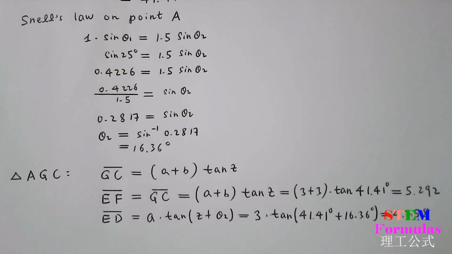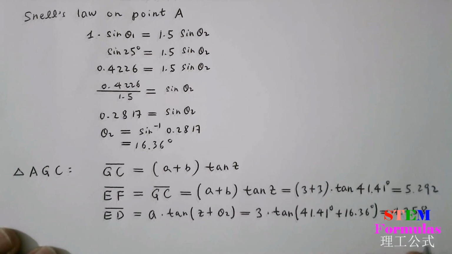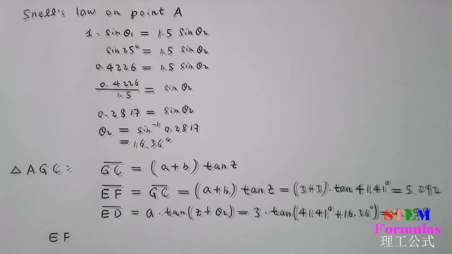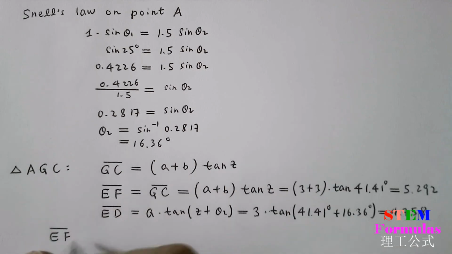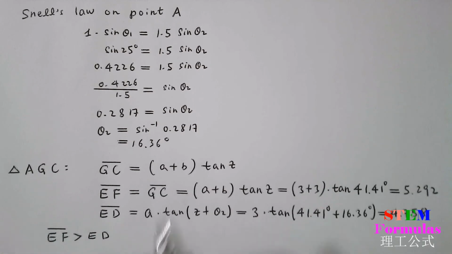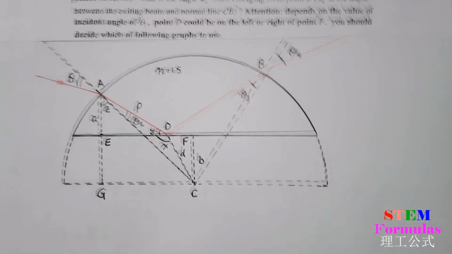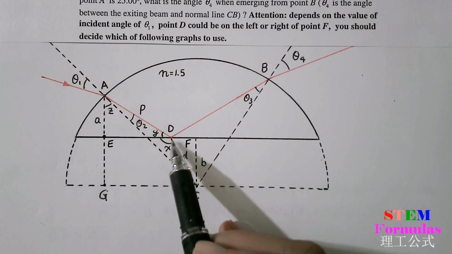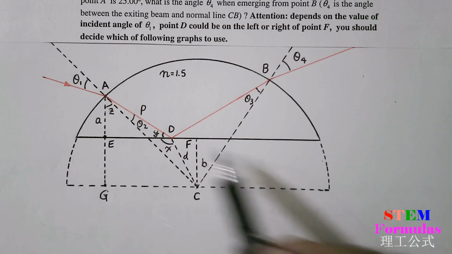Therefore, EF is greater than ED. So the D point is on the left side, and this graph is good.